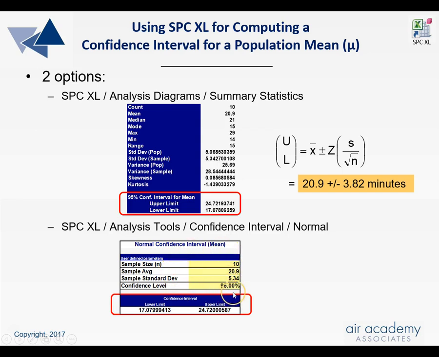Now, this option is good because it'll allow you to change from 95% to 90% or any level of confidence. The first option only gives you a 95% and a 99%, which is not shown here, but you can get any level of confidence you want using this option here. But you will have to input these four values in order to get a confidence interval. So let's go to the software.